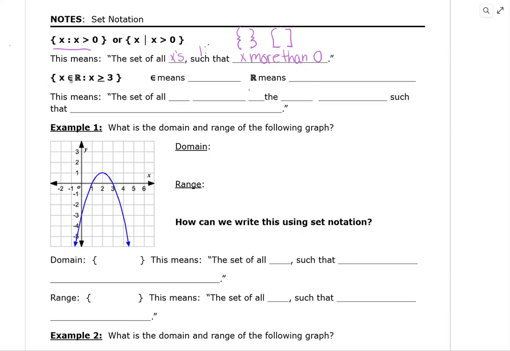Now we can also have these new symbols. We're going to have this one, which kind of looks like a weird E, and that symbol means that it's contained within. So when we have this, we have x is contained within. This R is going to mean all real numbers, so all numbers that are positive, negative, or 0.